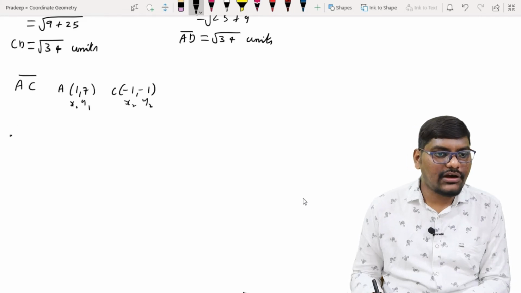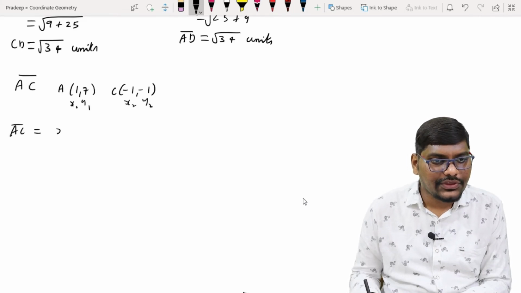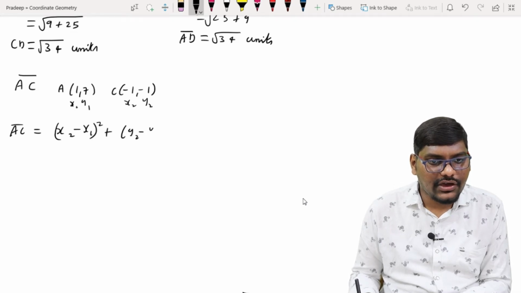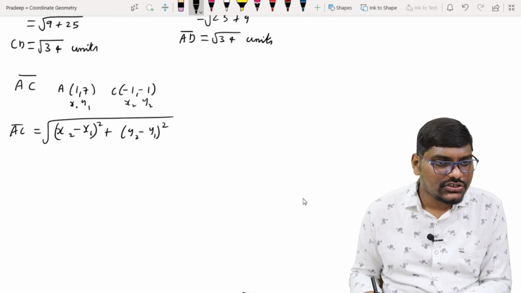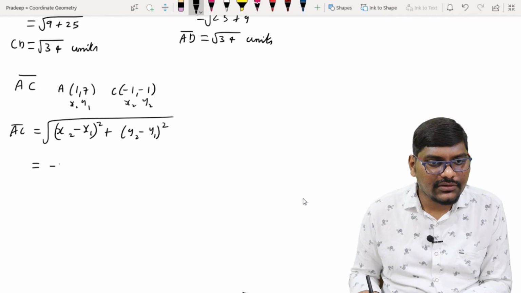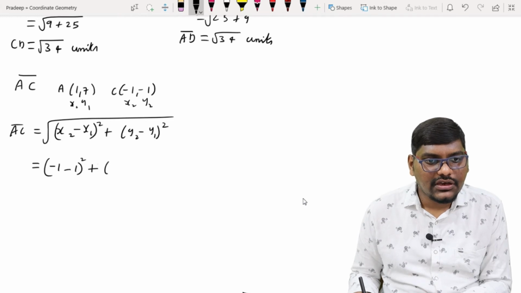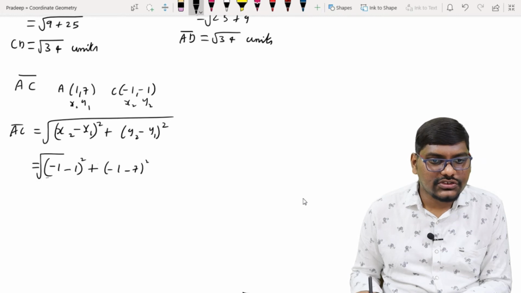We'll take the same formula, AC equal to the square root of x2 minus x1 whole square plus y2 minus y1 whole square. So we'll substitute the values. That is x2 is minus 1, x1 is 1, whole square, plus y2 was minus 4, y1 was 7, whole square, under root.